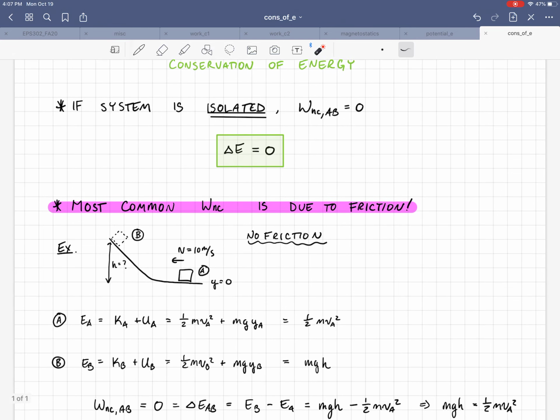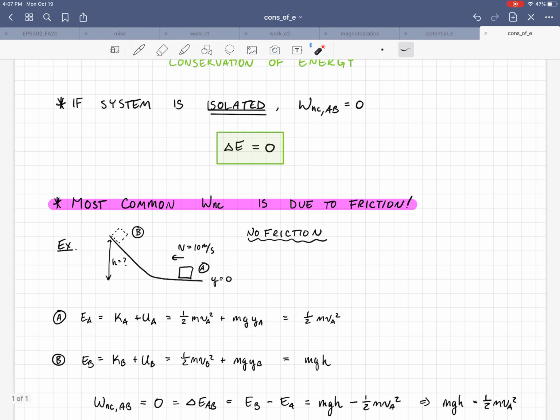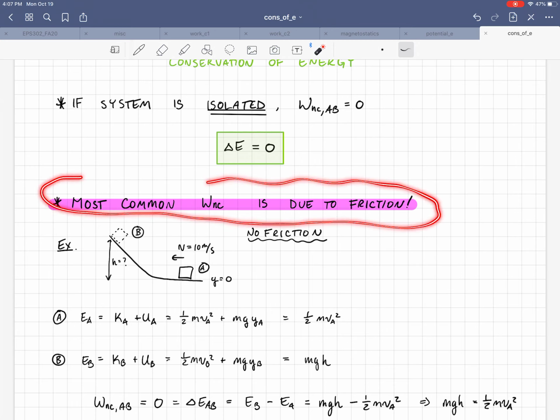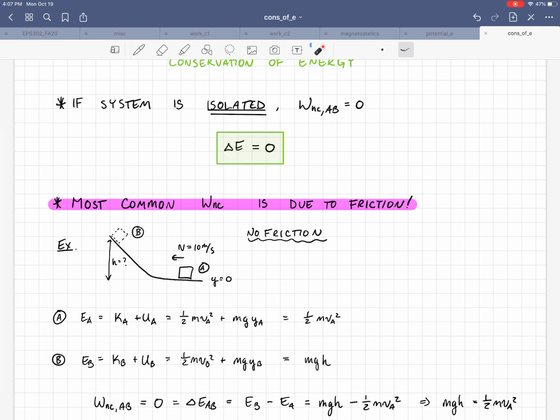The total amount of money, whether it's in dollar bills or coins, remains constant until you add money to your bank account or remove it. This is the same idea as the conservation of energy. Our most common non-conservative force that we're going to see is friction, whether it's on a surface or air resistance with an object moving through a fluid.